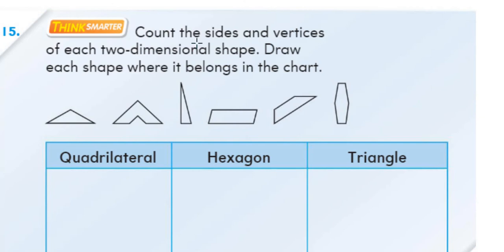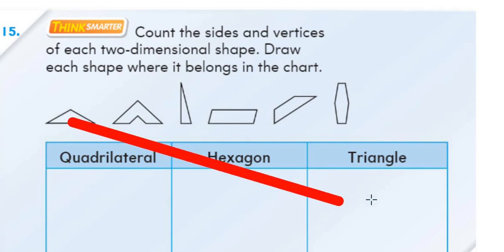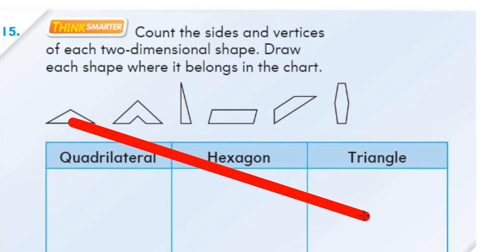Now it says count the sides and vertices of each two-dimensional shape. Draw each shape where it belongs in the chart. So this has 3 sides. Now, this one looks like a triangle, guys. Don't let that confuse you.